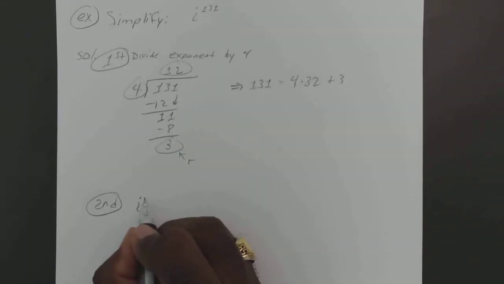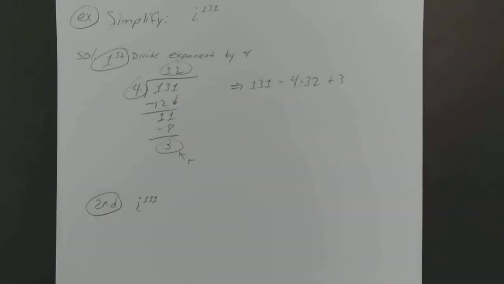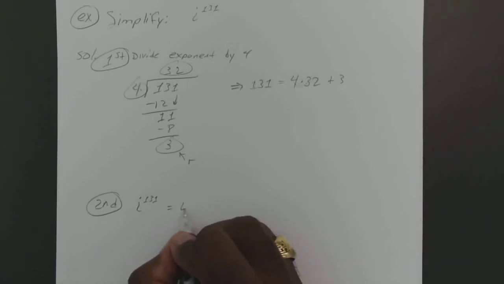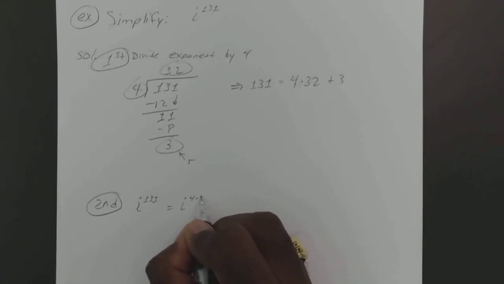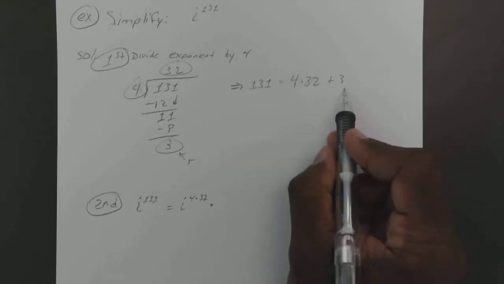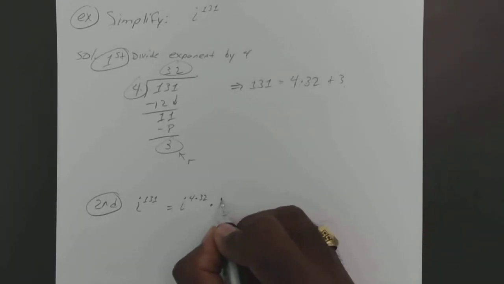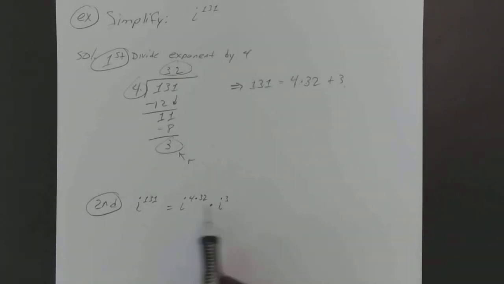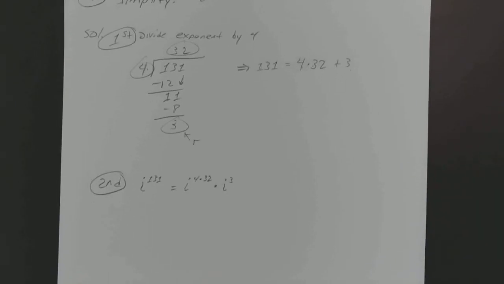Now for your second step, i to the 131st power is actually equal to i to the 4 times 32 power times i to the third. If we add all of our exponents together, we'll end up with 131.